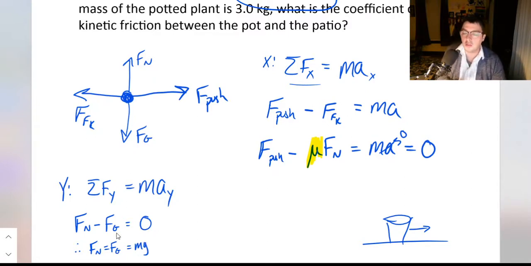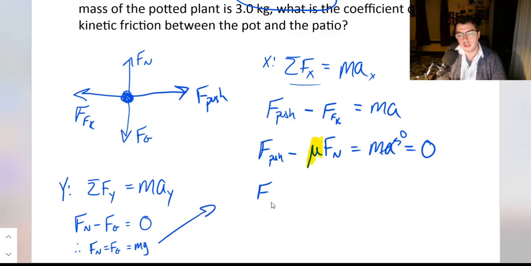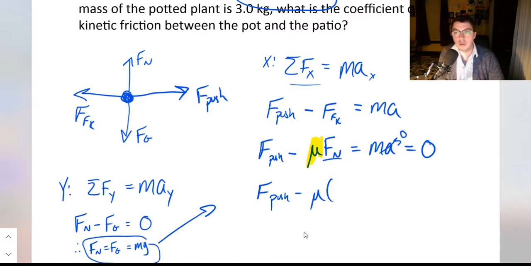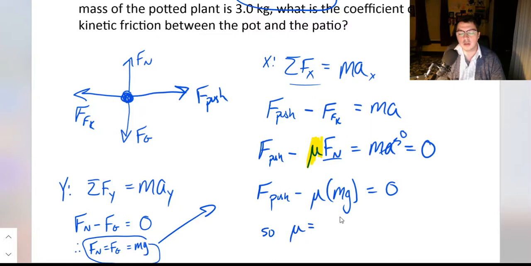Okay, because we've determined that, now we can go back to the x equation, the pushing force minus mu times the normal force. We'll substitute in what we found in the y direction, where we were told that the normal force is equal to mg. So here we have a little bit of algebra, and I'm just doing a few steps in one.